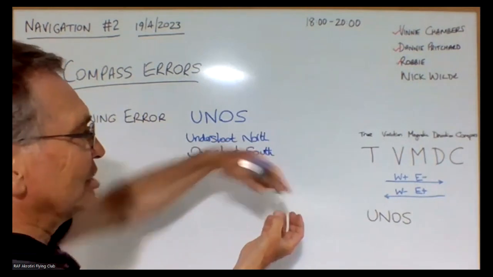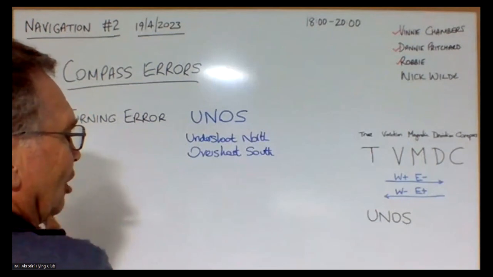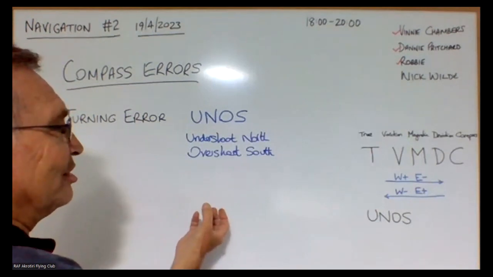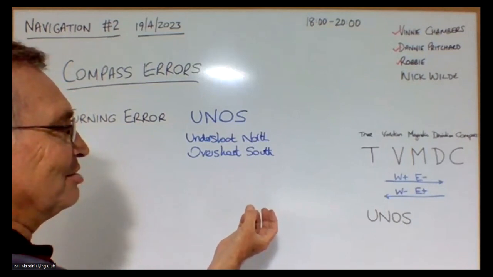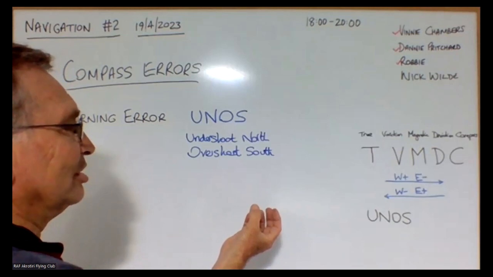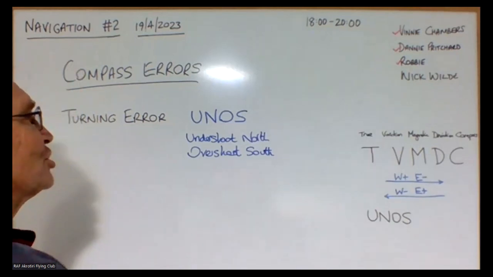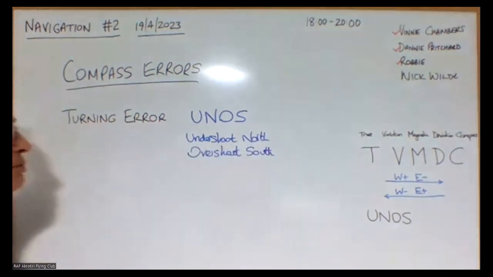And then it will go ding and read north. So if I was turning onto north, I would go 330, 340, 350, stop on 350, and the compass would carry on and it would read 360. So if I was turning onto north, I would have to undershoot.